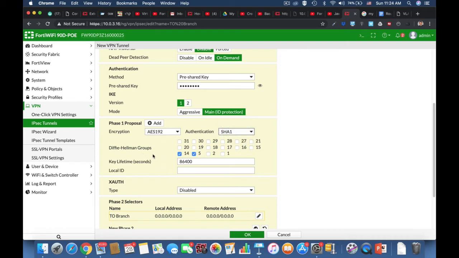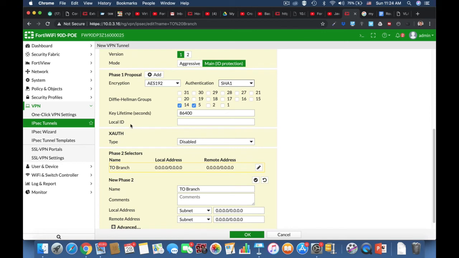Now the Diffie-Hellman group is the method to initiate a secret key that both parties can use during the setup. We will keep the groups as 14 and 5. This is the key lifetime, 86400. We will not use local ID since we're only establishing one IPsec tunnel.